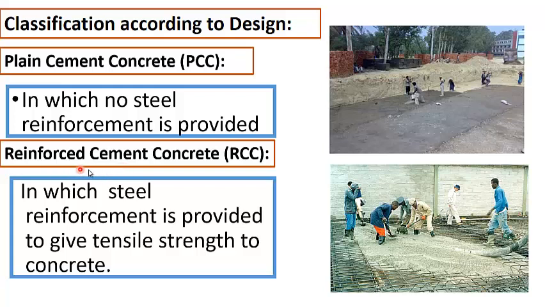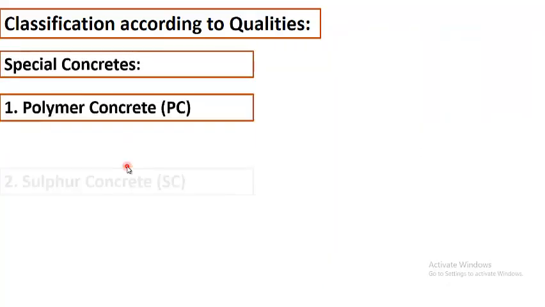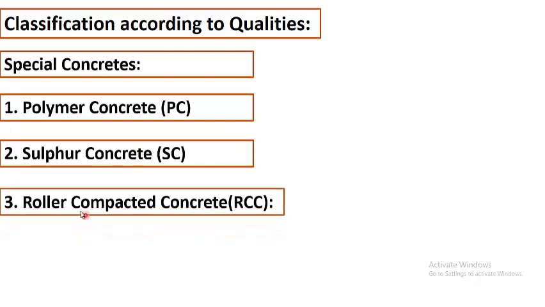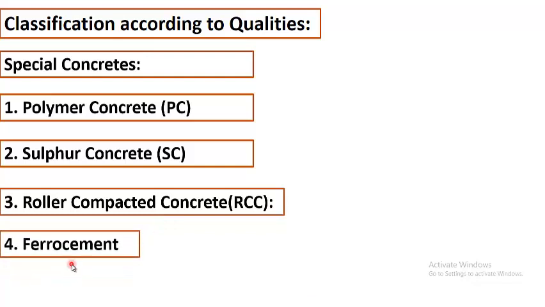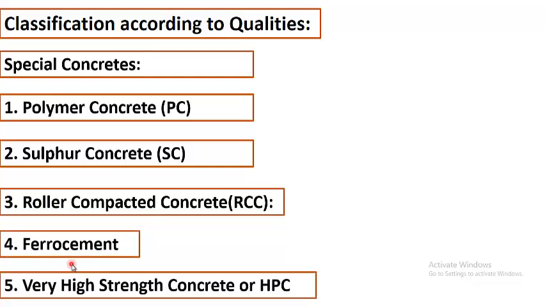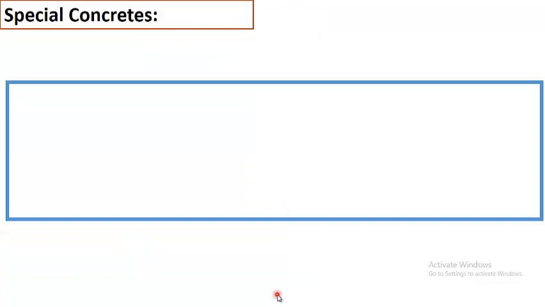Whereas this RCC is called roller compacted concrete, and it is a special concrete. The fourth one is ferrocement, and the fifth one is very high strength concrete, or HPC, that is high performance concrete. We will discuss these special concretes one by one in upcoming slides.